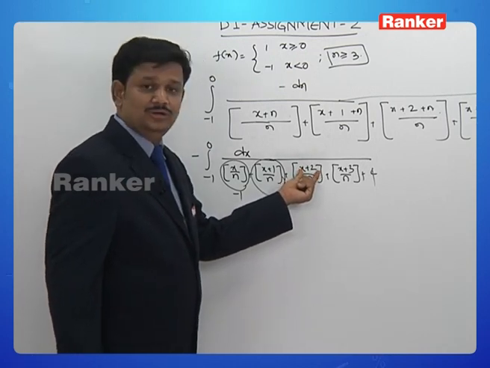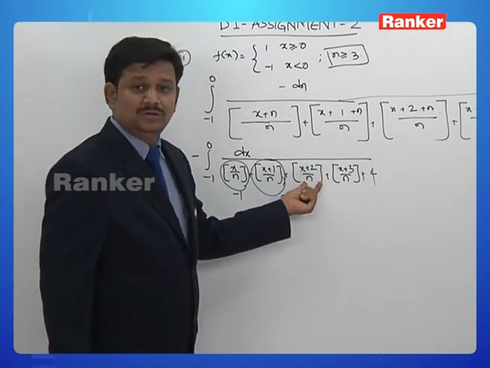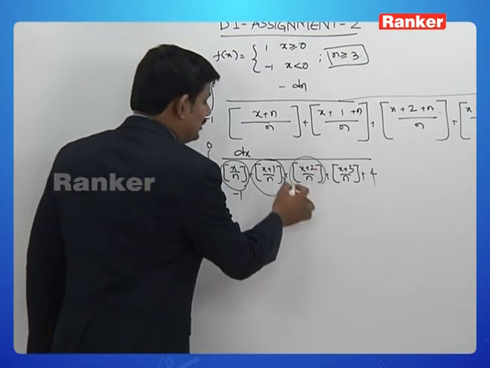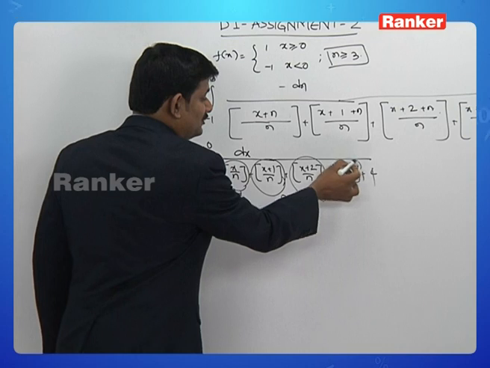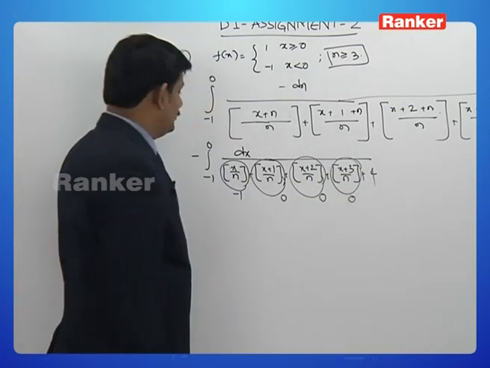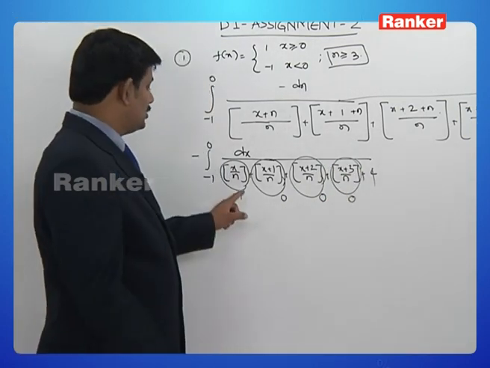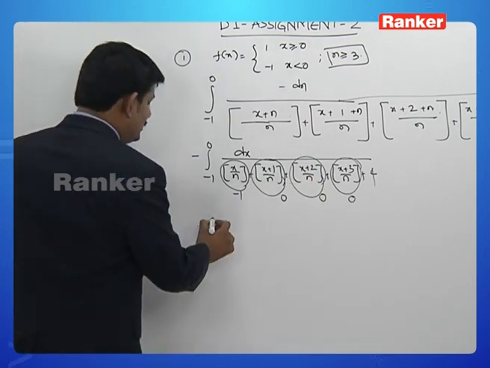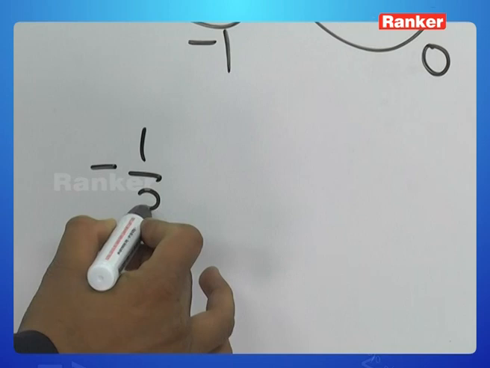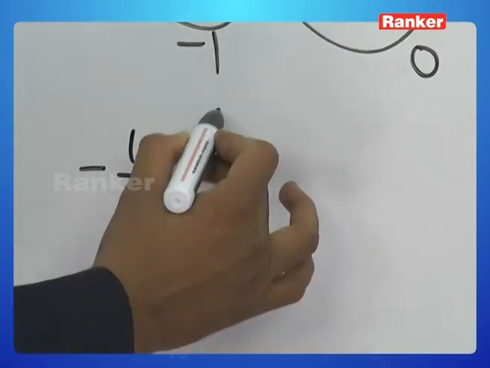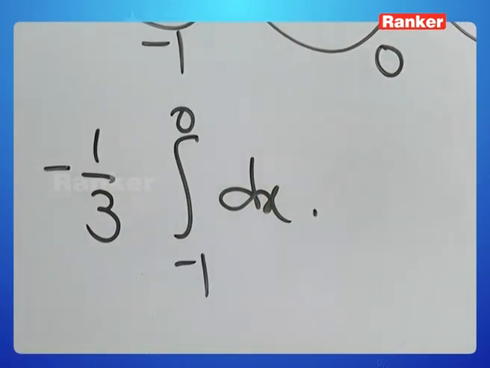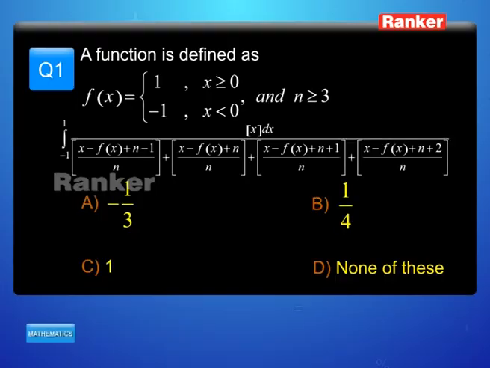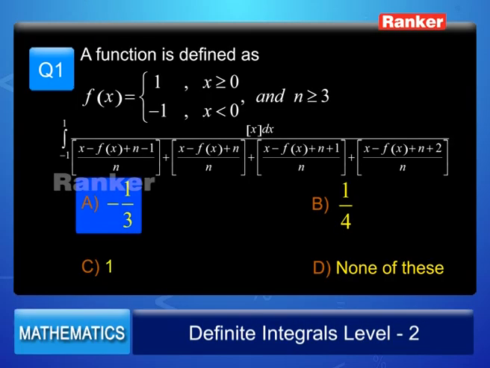Any number between 1 to 2 divided by an integer greater than or equal to 3 will again lie between 0 and 1. So, this integral part is also 0, and with similar logic this is also 0. So, the denominator you can see is a constant, 4 minus 1, 3. So, we have to evaluate integral minus 1 by 3, minus 1 to 0 dx, and this integral is 1. So, the answer is minus 1 by 3, which is option 1.